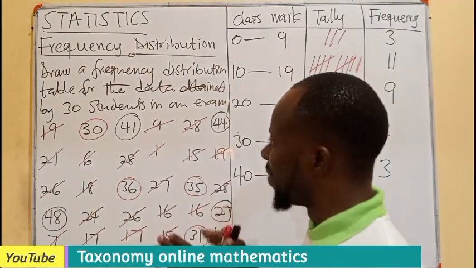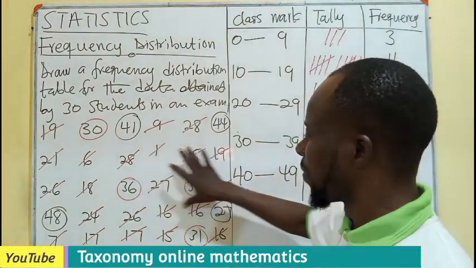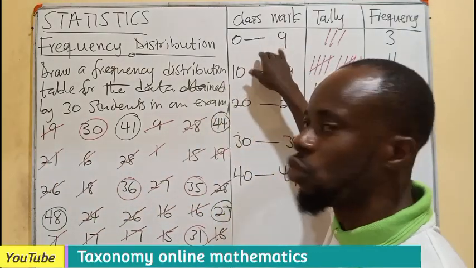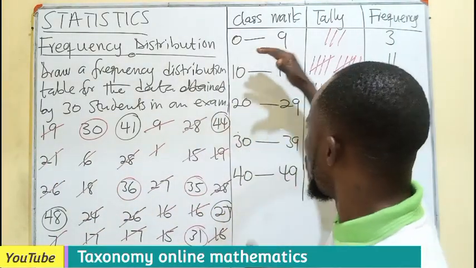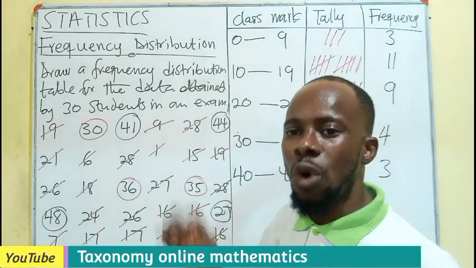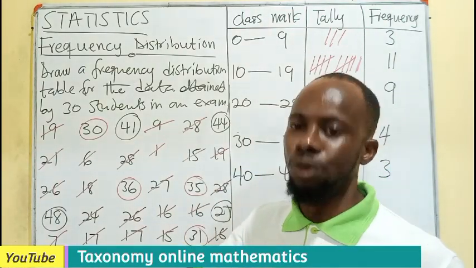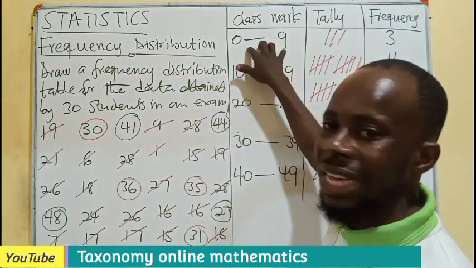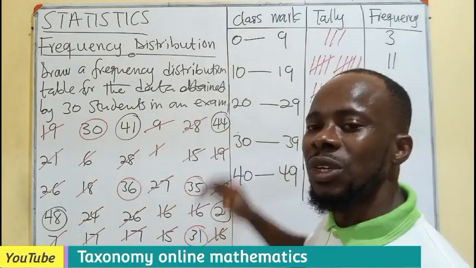So when the data is given to you and it is spread out too wide, you can put them into intervals in order to group them and make them simpler. At times, the question will also give you the interval to use. And when the question is silent, you can also create an interval to summarize your data.